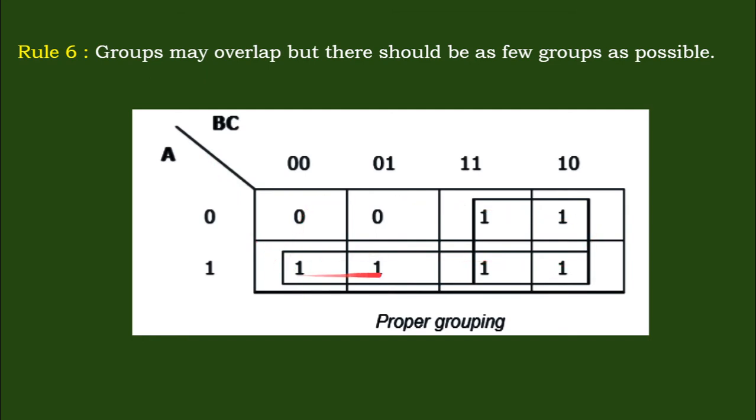Here there are 4 ones, which is the largest group, so we combine them as a single group. After that we again check whether we can form further bigger groups. Here there is an overlapping concept. We can overlap these 2 ones again to form a bigger group, which is a quad. So overlapping is possible, but there should be as few groups as possible.